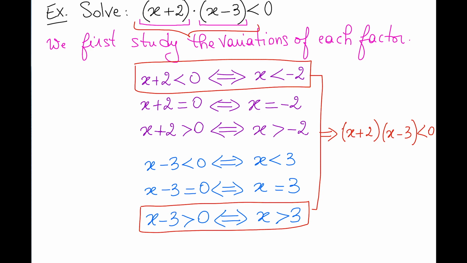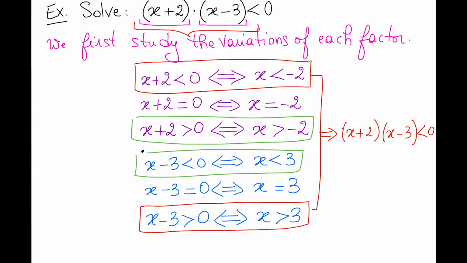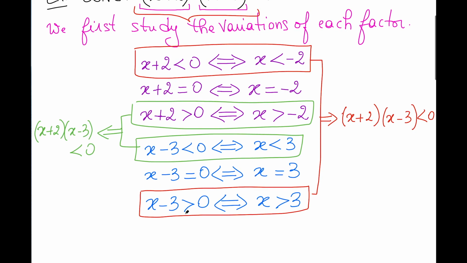The other scenario is if x + 2 is positive and x - 3 is negative. So these two things together force (x + 2)(x - 3) to be negative. And these are the only two situations where the product is negative.